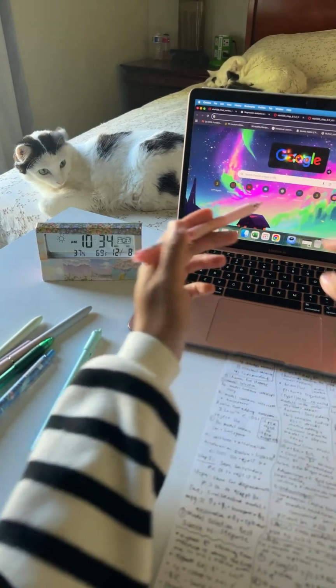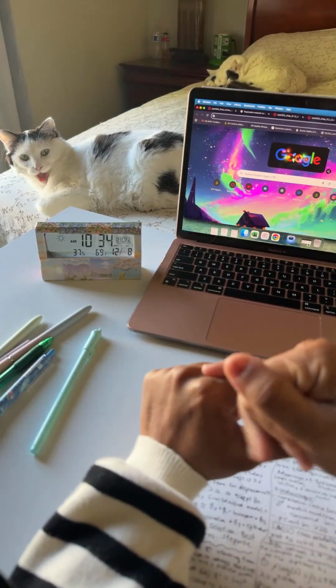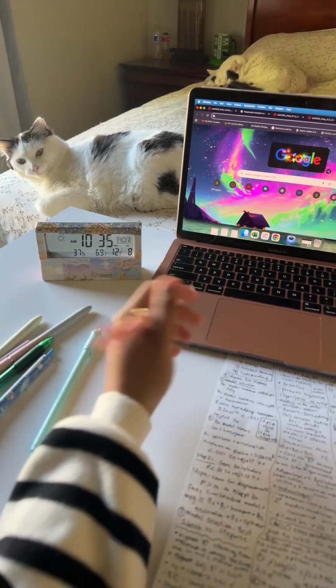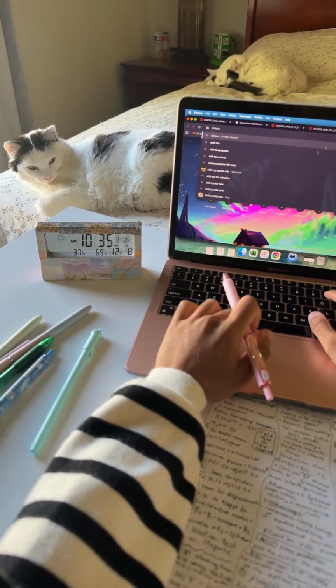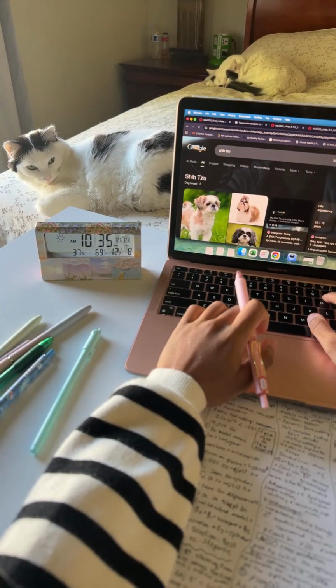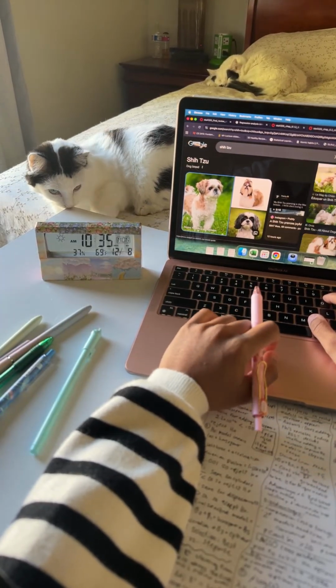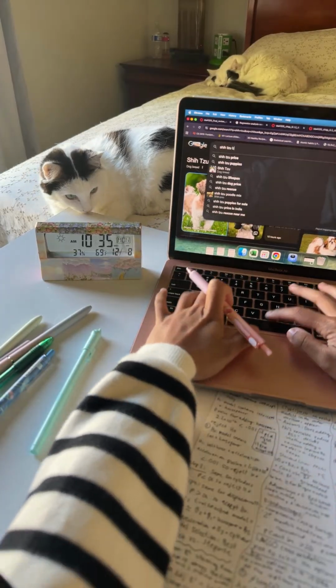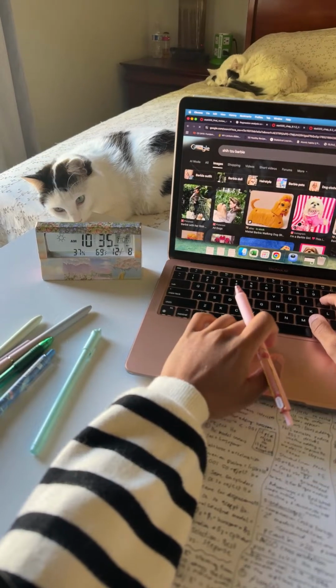I don't hate studying, but the part that I hate is sometimes you don't know what to study. As much as you try, it's not good enough because you don't know exactly. Oh, Shih Tzu. Aw, it's so cute, bro.